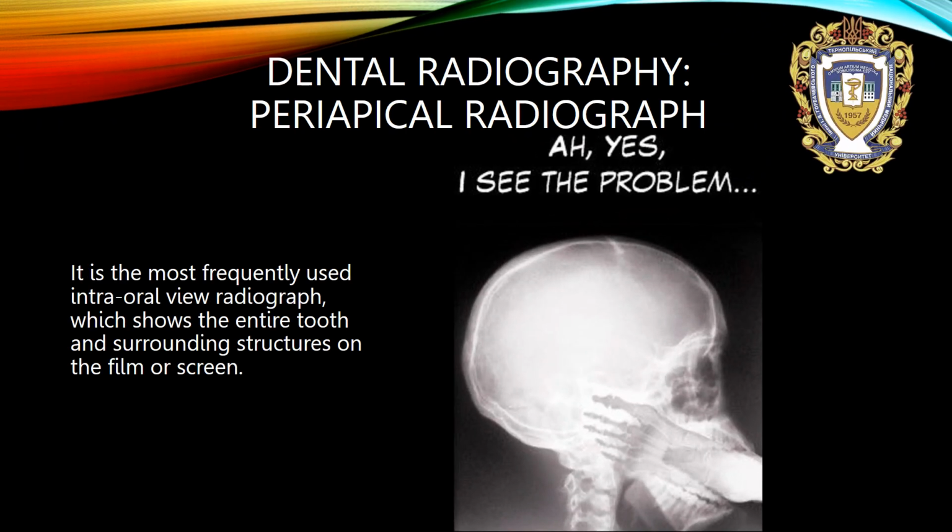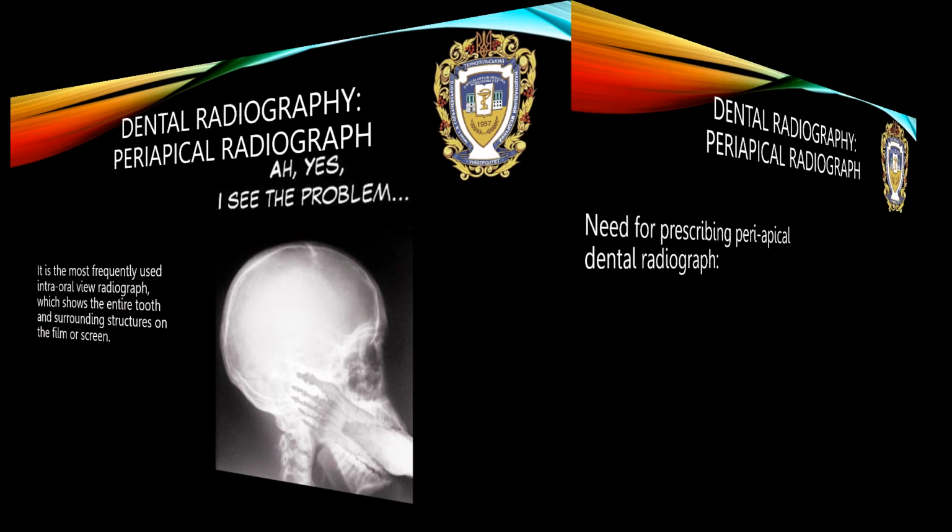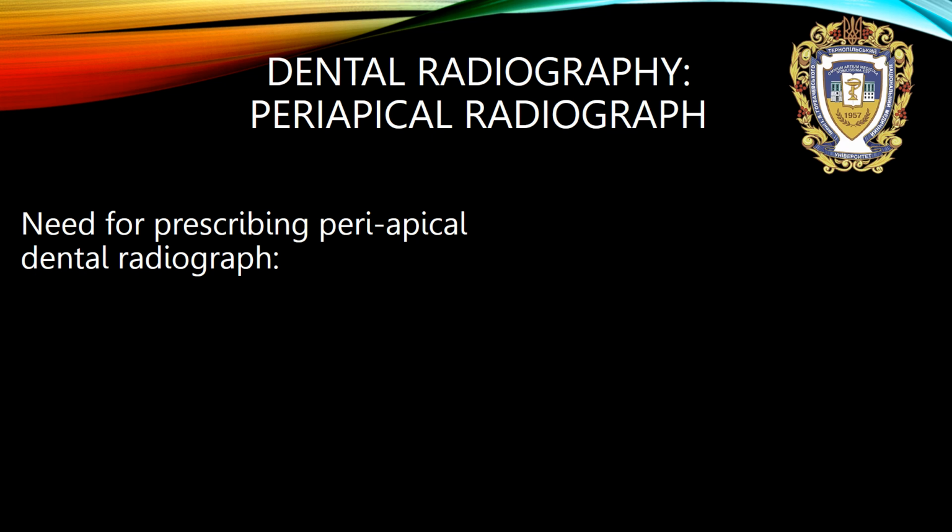It is the most frequently used intraoral view radiograph, which shows the entire tooth and surrounding structures on the film or screen. Indications for prescribing a periapical dental radiograph: the extent of caries involvement in the tooth.